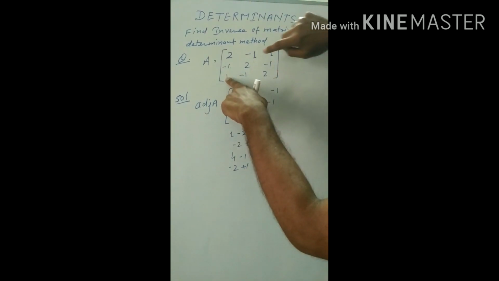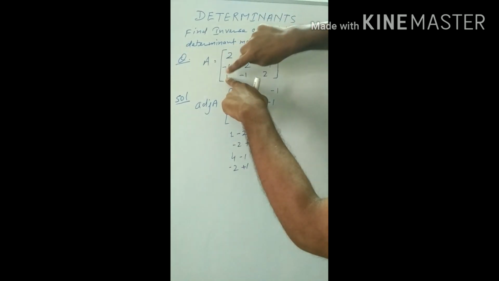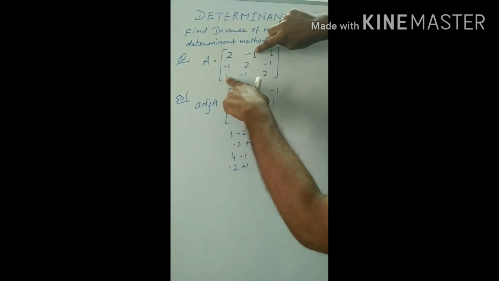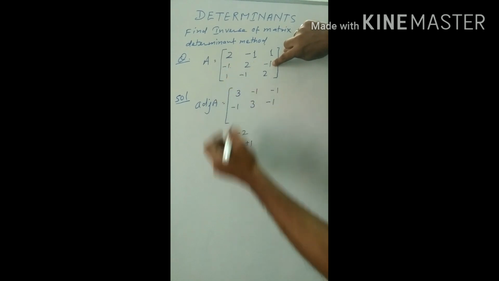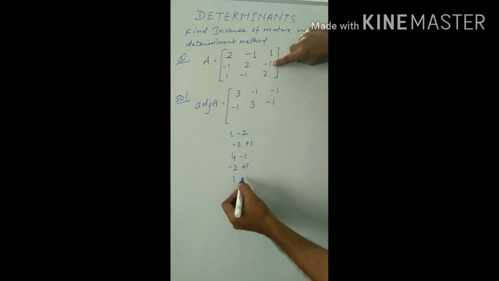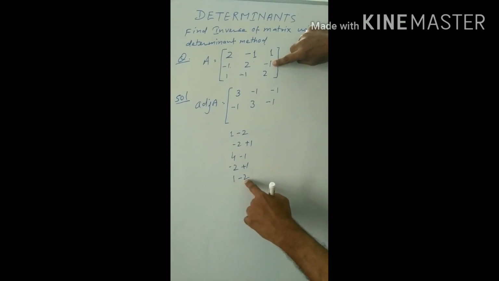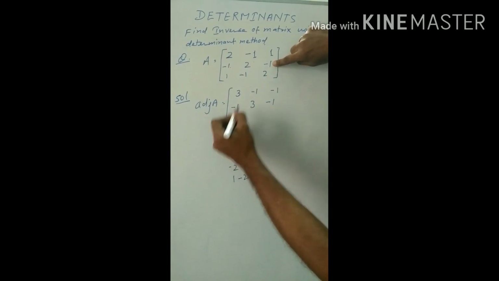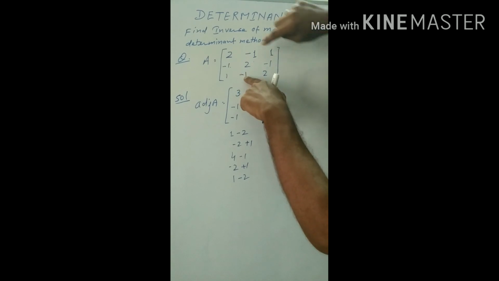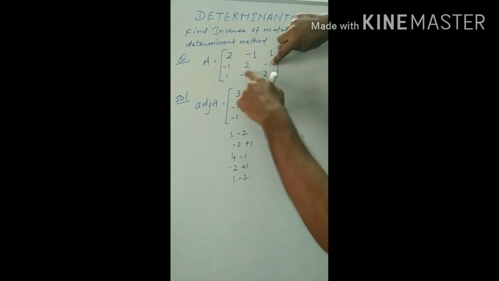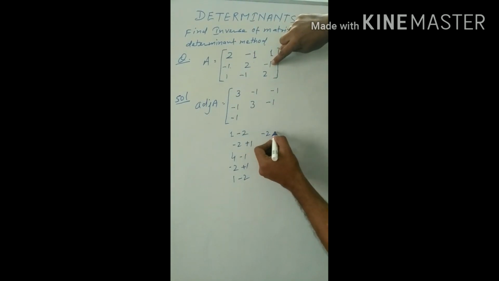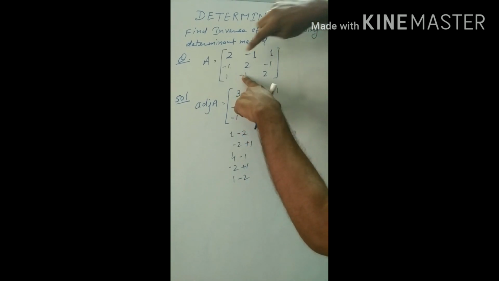Now for this one, leave this first column and the third row. So it is minus 1 into minus 1 is plus 1, minus sign. 2 into 1 is 2, 1 minus 2 is minus 1. Now for this one, 2 into minus 1, that is minus 2, minus sign.